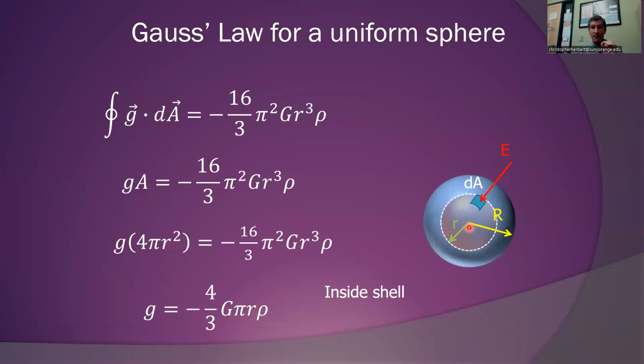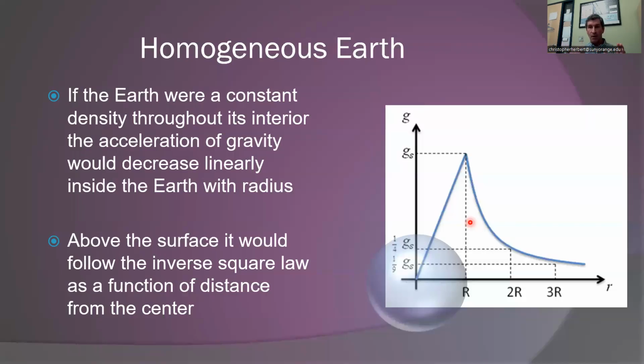So when r goes to 0, just as we expect, the acceleration of gravity also goes to 0 at the very center. Okay? So looking at this overall, what does this say about the acceleration of gravity? Well, inside the Earth, the acceleration of gravity is proportional to the distance until we get to the surface.